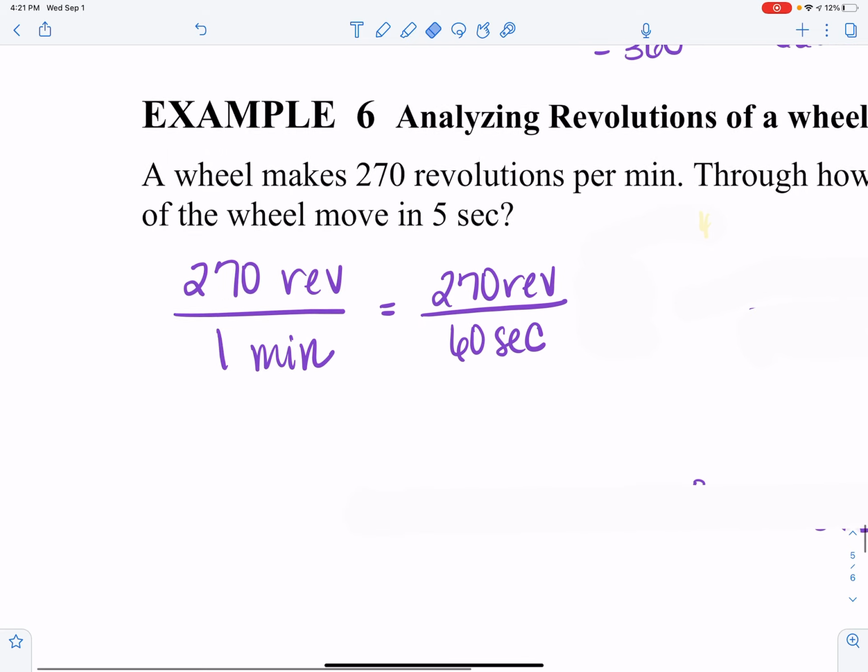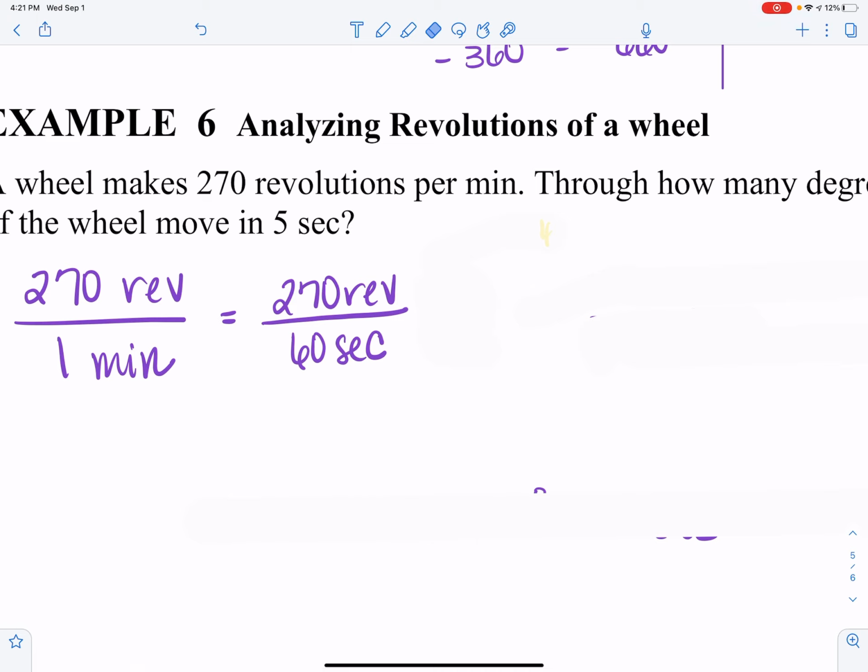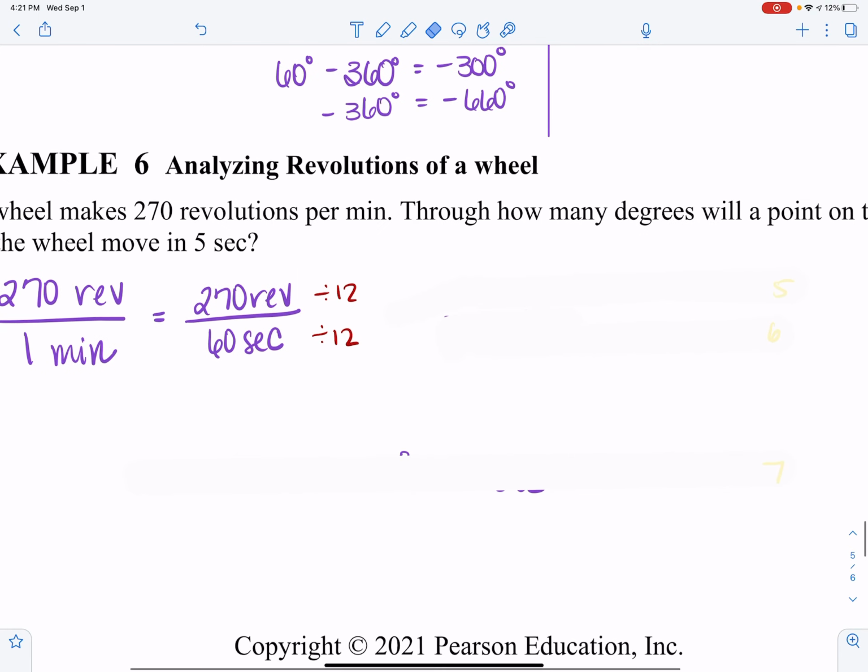So I divided both the top and the bottom by 12, because that would give me 5 seconds in the denominator. 60 seconds divided by 12 is 5 seconds, but what you do to the bottom you also have to do to the top. So I got 22.5 revolutions in every 5 seconds.